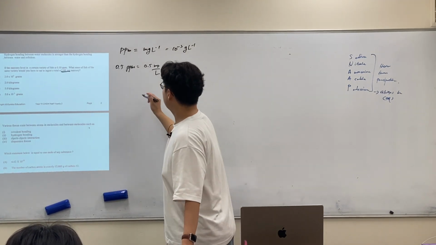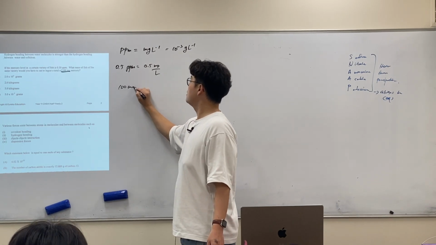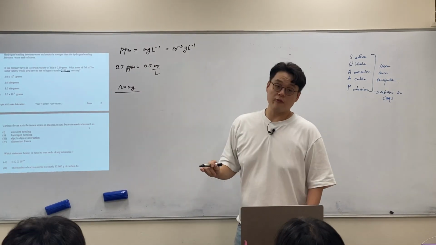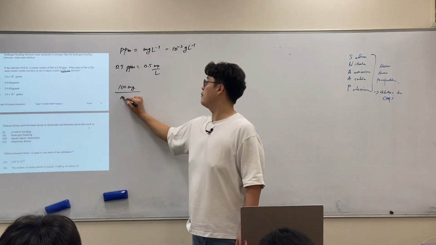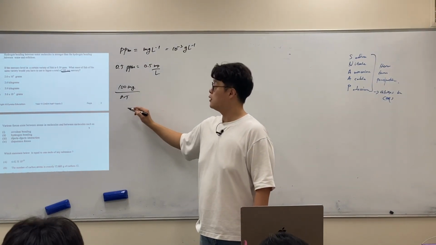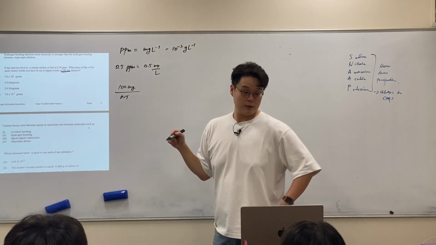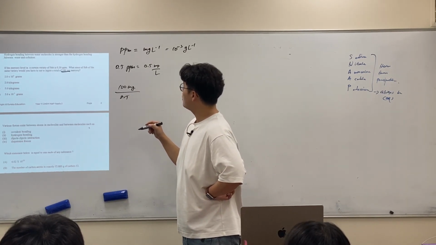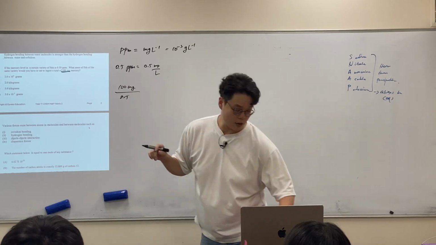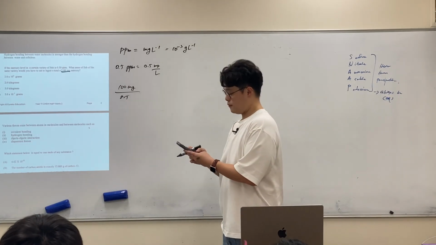To ingest the 100 milligrams, you simply need to divide by the 0.5. So 100 divided by 0.5.